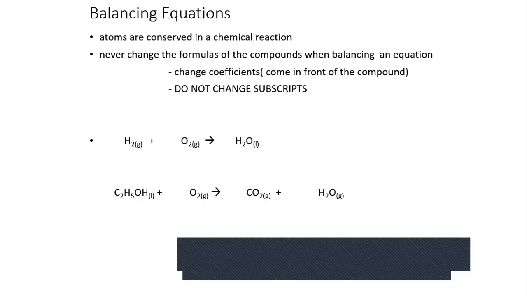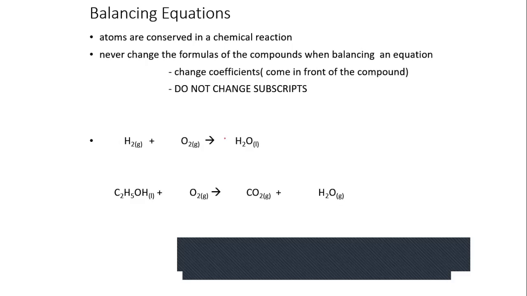So for example, here we have H2 gas plus O2 gas gives us H2O. So the first thing you want to do is determine the number of each element on both sides of the equation. Well, we have 2 hydrogen on the reactant side, 2 hydrogen on the product side. On the reactant side, we have 2 oxygen and 1 oxygen. So just by determining the total of each atom, we know that oxygen is not balanced.